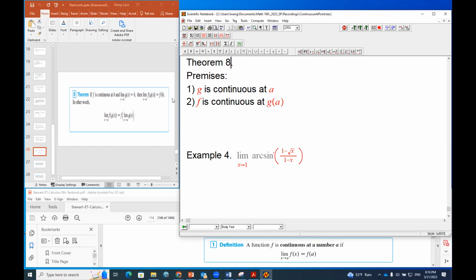F is continuous at B. Okay, the first condition.